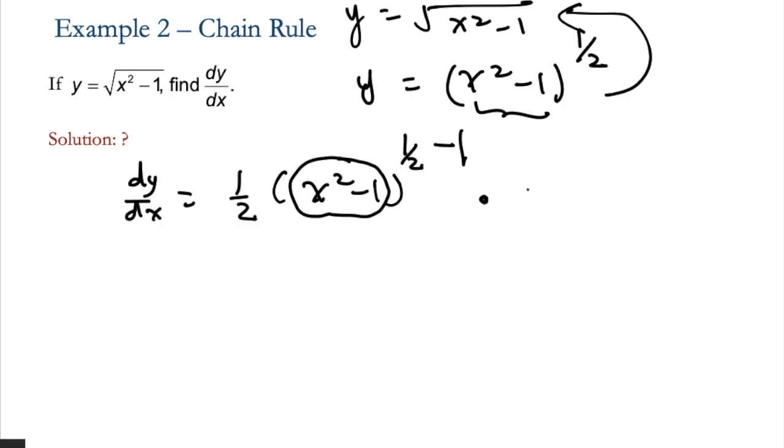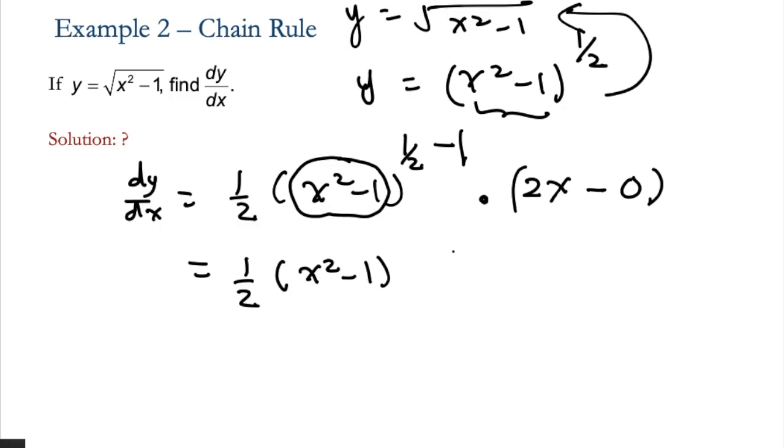The derivative inside here is what? x squared becomes 2x, minus 1 becomes minus 0. That's it. Now, it becomes what? 1/2. We write again this, and then this one becomes power of minus 1/2. And then you have 2x.